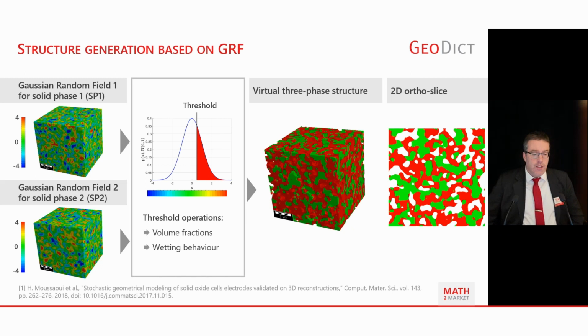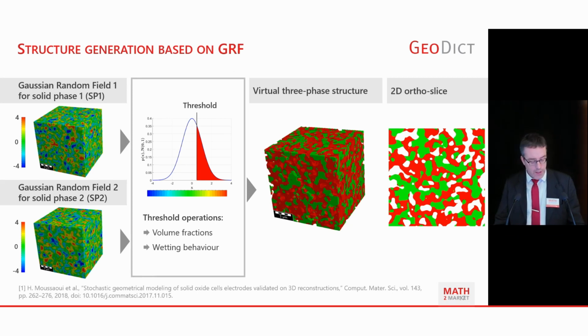The structure generation is based on Gaussian random fields with a field variable that takes random values and thresholds them with a correlation function to truncate Gaussian distributions to actually get a virtual three-phase structure, with the standard deviation of these Gaussian fields chosen for the typical pore and particle sizes of the microstructure.